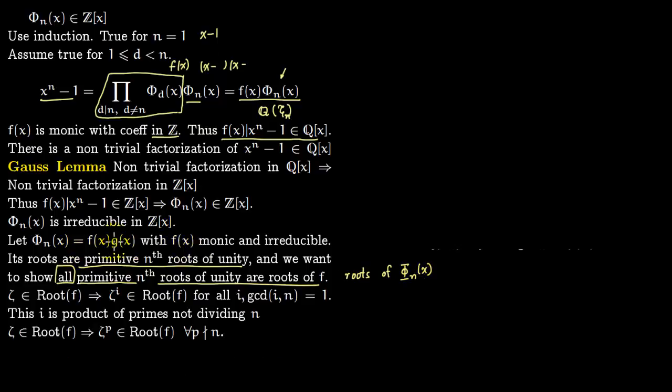Right now if you factorize like this, only some of the roots of phi n are roots of f. So how do we show this? We have to show that if zeta is a root of f, this would imply zeta to the i is also a root of f, where the greatest common divisor of i and n is 1. That is, i is relatively prime to n.